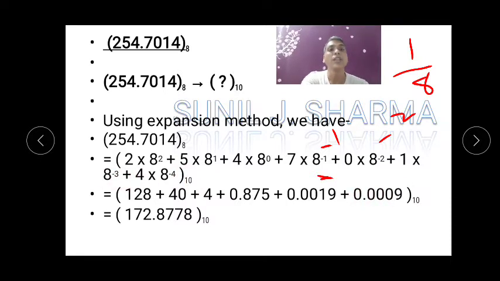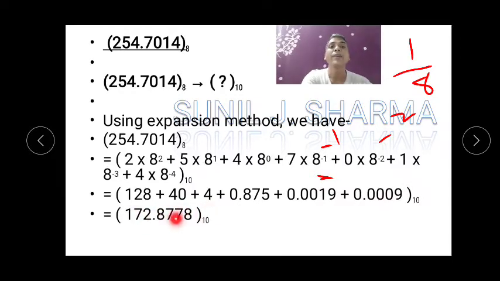In your exams I will not give you such difficult sums, going up to 8 raised to 4, 8 raised to 3 and all, but I just give you an idea of how they calculate. You have to add this up, and when you add this, you will get this answer.